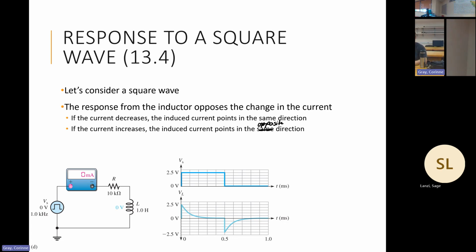If we look at our voltage situation, this is our square wave. According to time, it's nothing, nothing, nothing. It jumps up to some specific value, holds it for some amount of time, and then drops back down to 0. If we look at the voltage response for the inductor, that's the bottom one here.